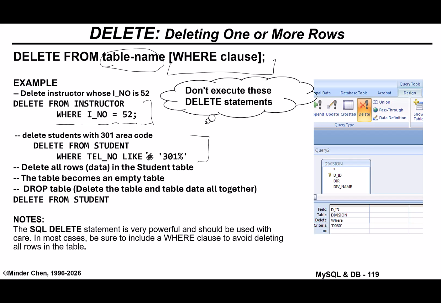And as I mentioned earlier, if you don't have a where clause, if you say delete from student, then you basically delete all the existing rows in the student table.